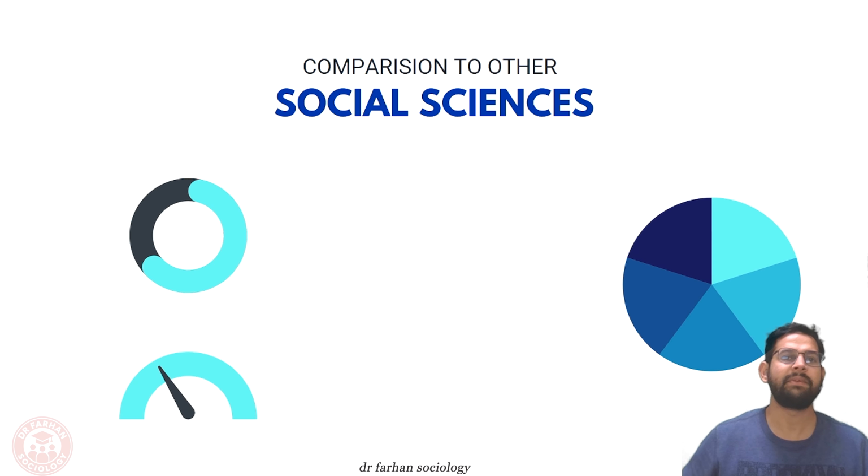Now, what is the meaning of comparison to other social sciences? Here, sociology is not the only social science discipline; there are so many other disciplines. Is it distinct?